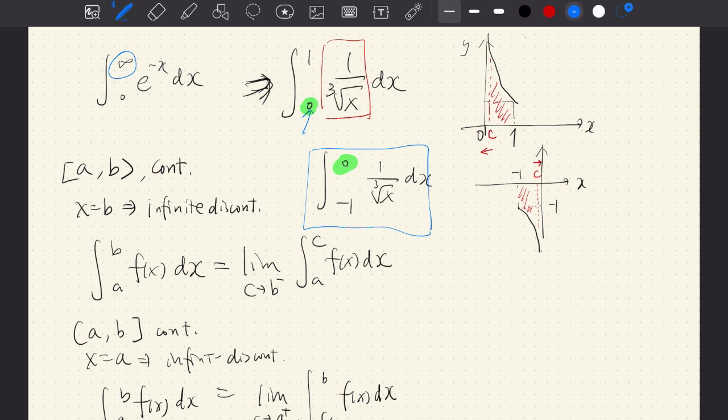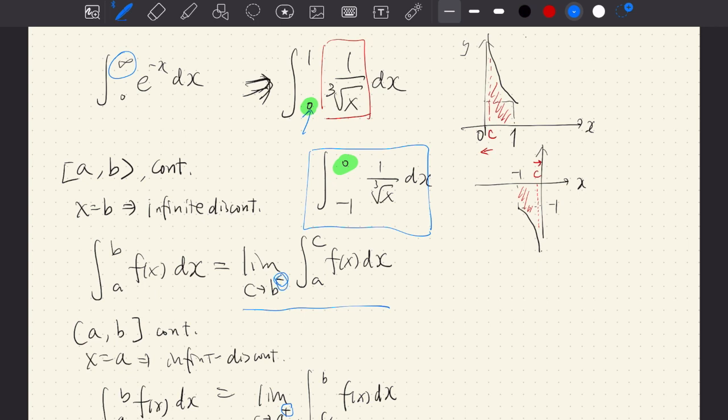Okay, so notice that here c is going to b from the negative side, but c is going to a from the positive side. And this negative and positive, you can easily think of it when you have a graph in mind. So for this improper integral, originally you want to integrate from a to b, but you cannot reach b, so you go from a to c, and then c is approaching b from the left side, so you have a negative sign here.